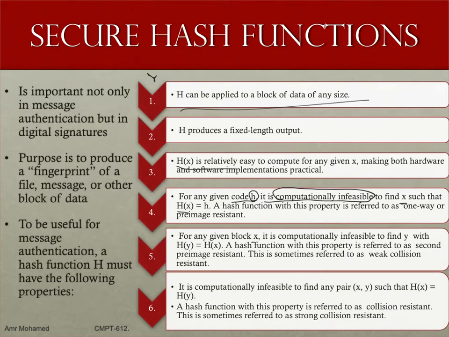For any given X, if I give you X, it is computationally infeasible to find Y. Let's say that X is plain text, and the attacker gets X, because we said this should be protected from modification. If the attacker reads the message with the message digest, this could happen unless you use some kind of encryption on top.